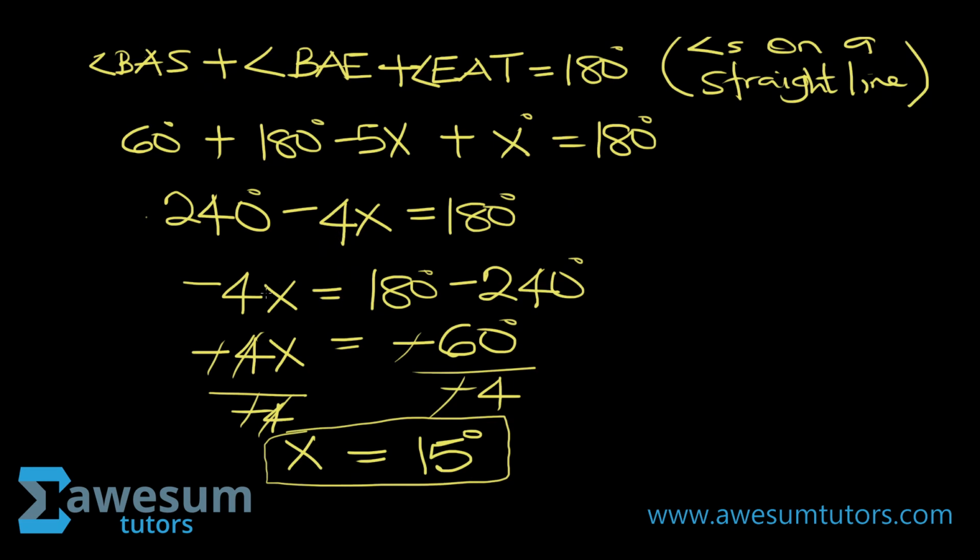This is negative 4x equals 180 minus 240, because 240 goes to the other side to become negative 240, and 180 minus 240 is negative 60. So we divided both sides by negative 4. Negative divided by negative gives you a positive. 60 divided by 4 gives you 15 degrees. So our final answer is 15 degrees.